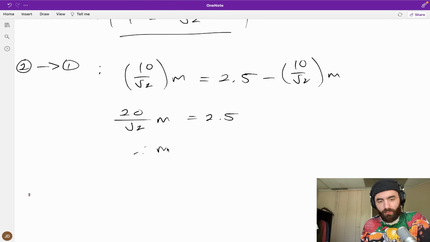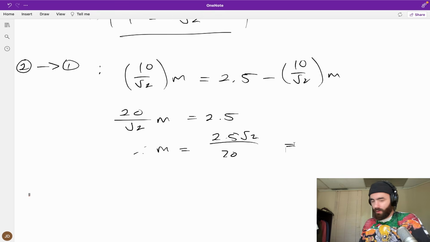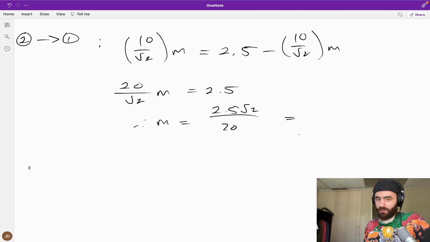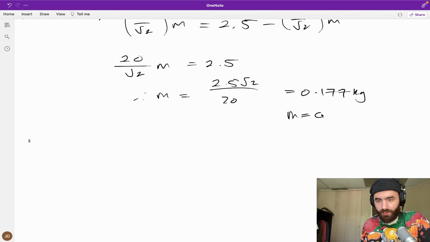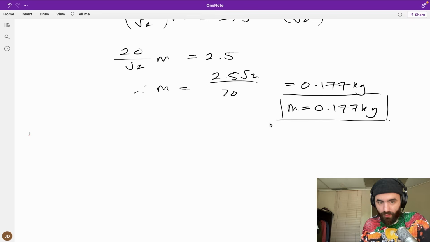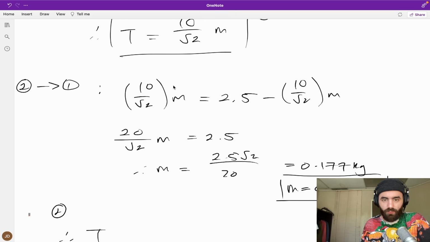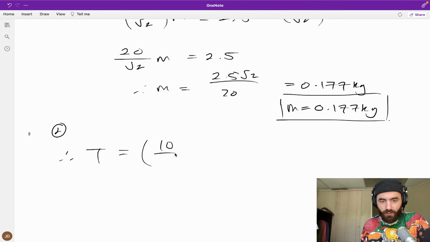So therefore m equals what? 2.5 square root 2 over 20, equals 0.177. So 0.177 kilograms. M equals 0.177 kg, rounded, of course.